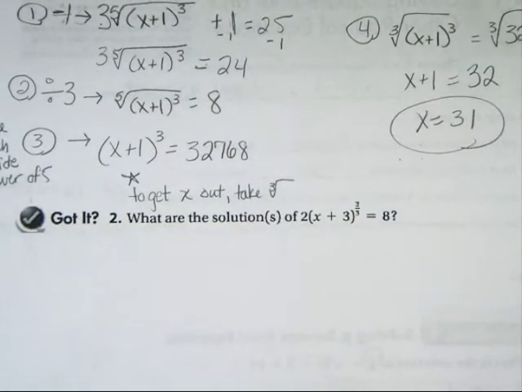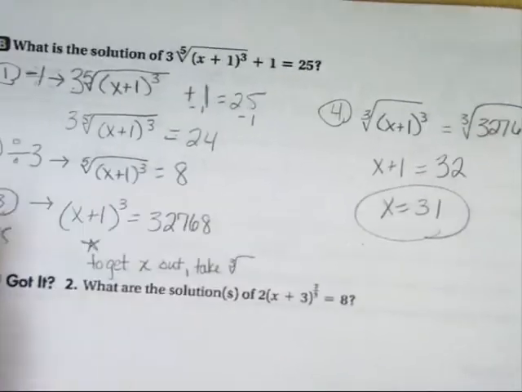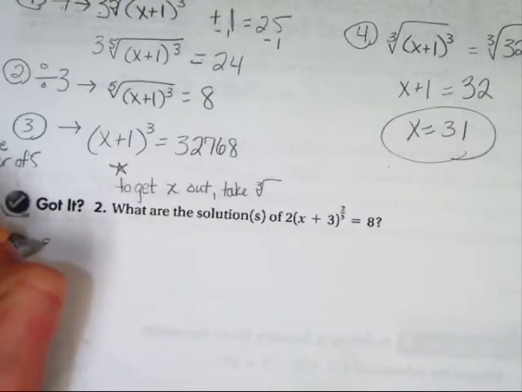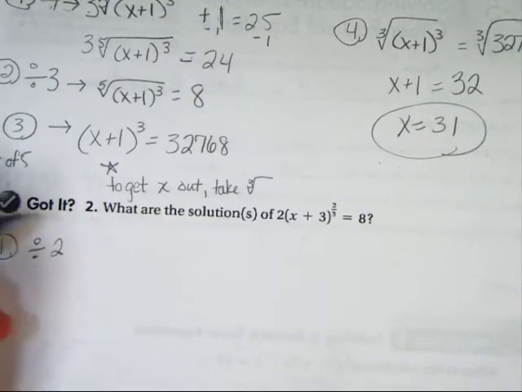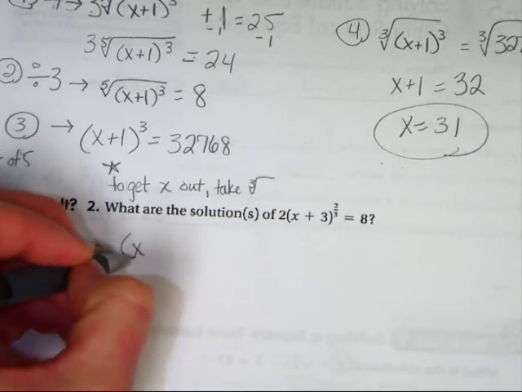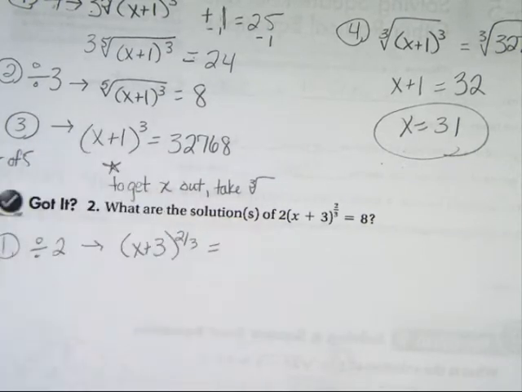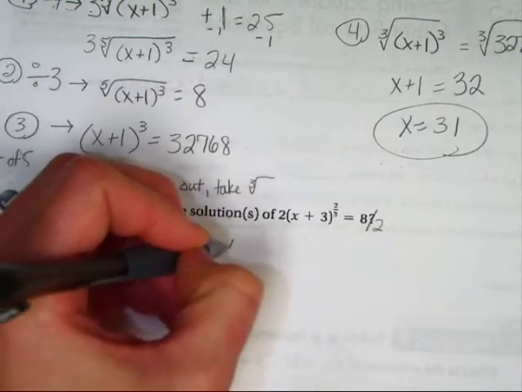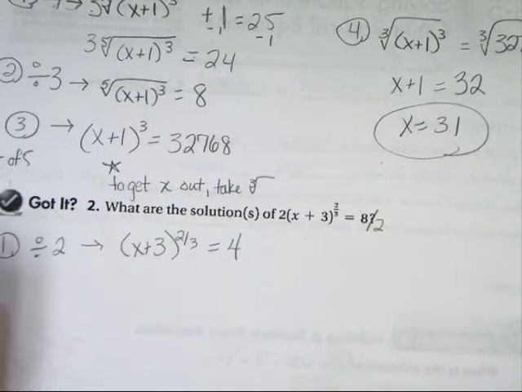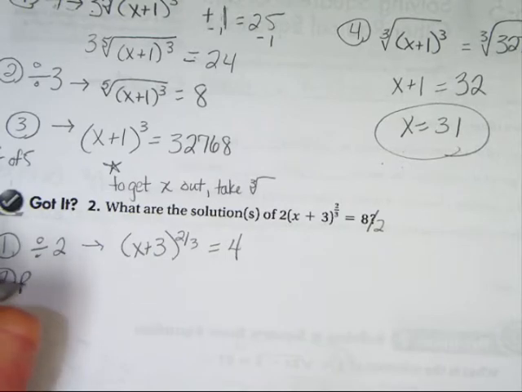We got it. First step, I'm going to divide by 2. That'll give me the parentheses by themselves. When I divide 8 by 2, I get a 4. Step 2 is to rewrite.